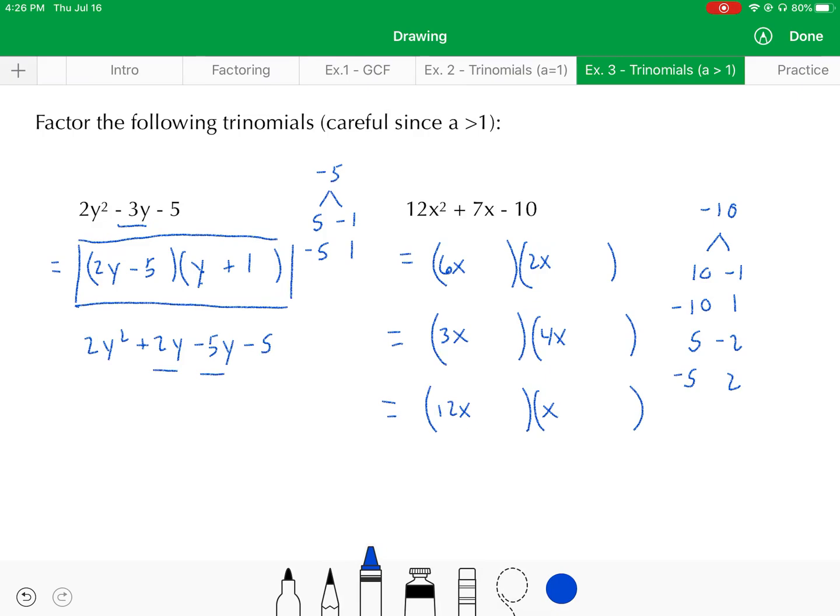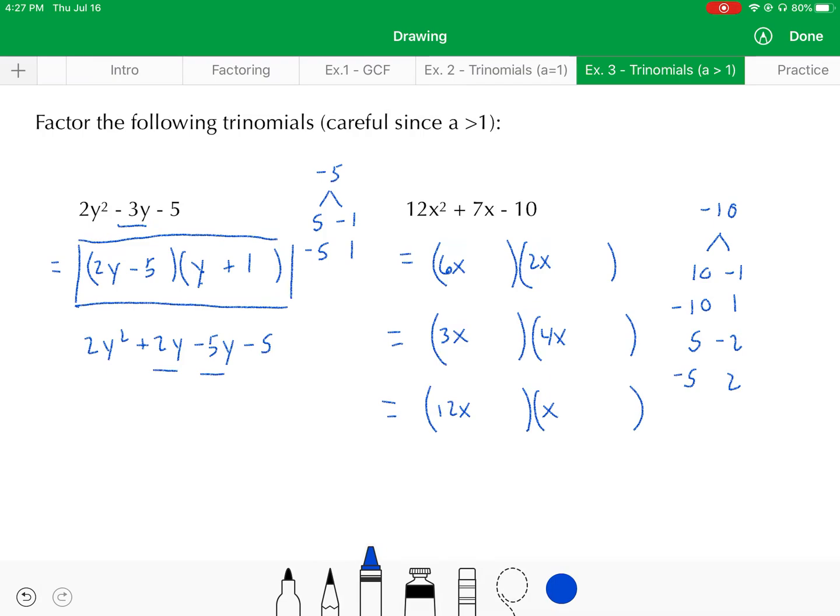Now, again, same suggestion as the last set of examples. I would test the 5 and the 2 before I'd test the 10 and the 1. Okay. And I would also test them using the 3x and the 4x first rather than 6x and 2x or 12x and x, just because of the fact 3x and 4x are closer to each other.